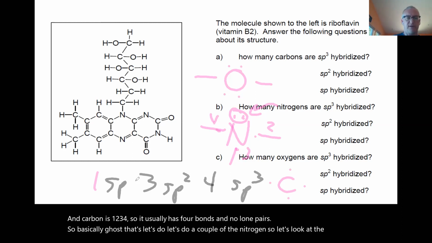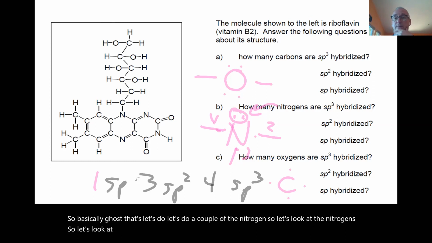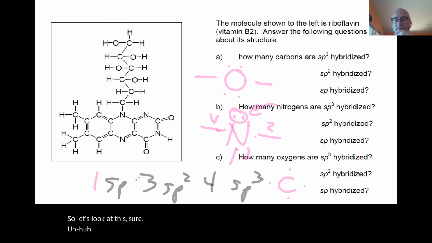So let's look at this. Professor, I have a quick question. Oh, sure. If you were to draw sp2 electron configuration, or not electron, is it orbital? How would you finish the s orbital and then the p would just be 2 arrows pointing up? It depends how many valence electrons there are.